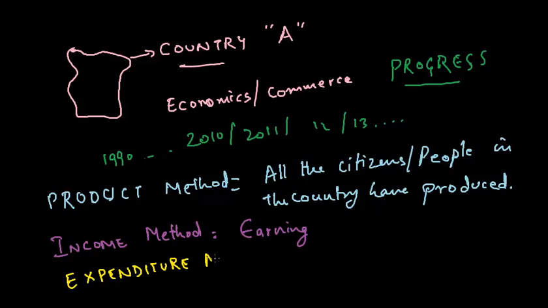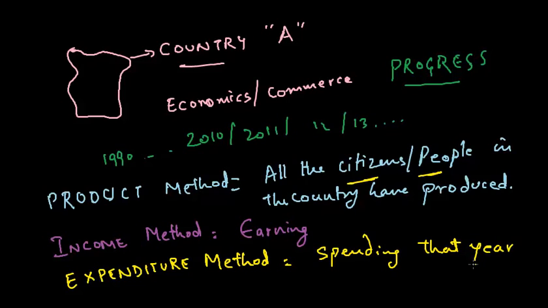They can check how much their citizens are spending that year, and it does include the government also, the spendings of the government, or any earning of the government, or the product a government is producing.